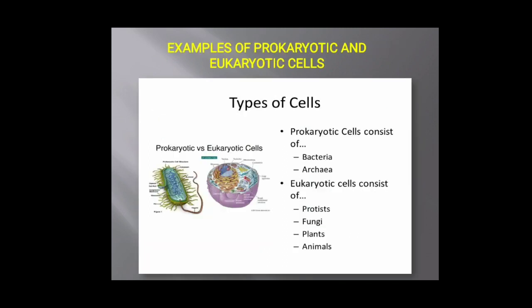The cells like bacteria, cyanobacteria, archaebacteria do not contain a nucleus, so they all come under the prokaryotic cells, and the cells like fungi, algae, plants, animals all contain an organized nucleus. So they all come under the eukaryotic cells.